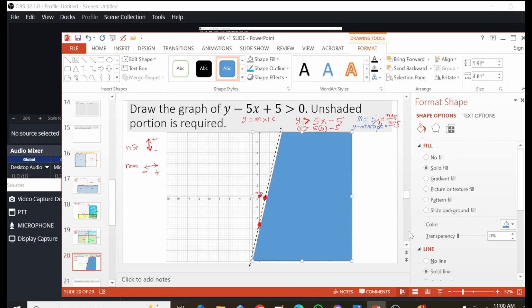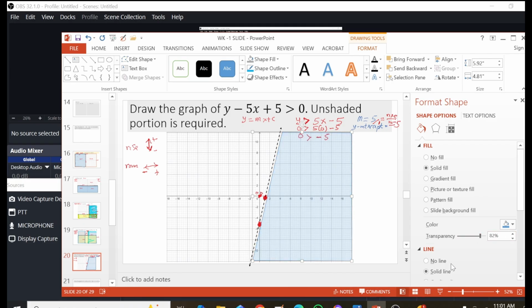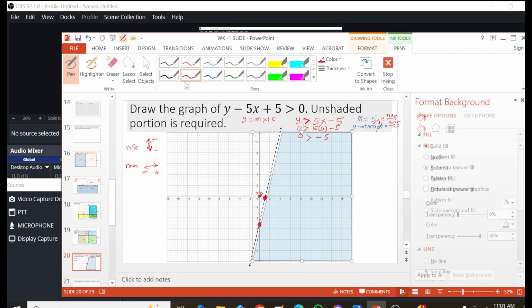All right. So this is the region that is not the solution. I'm going to shade it off. You see? So this region is not required. The region that is required is here, which is the region that is actually greater than that.